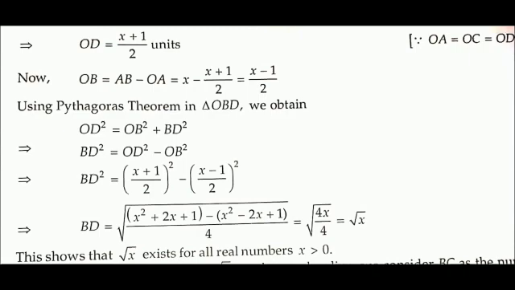Once it is simplified using the identity (a plus b) whole square and (a minus b) whole square, we get root under 4x by 4, which further gives us root x. So this shows that root x exists for all real numbers x greater than 0.